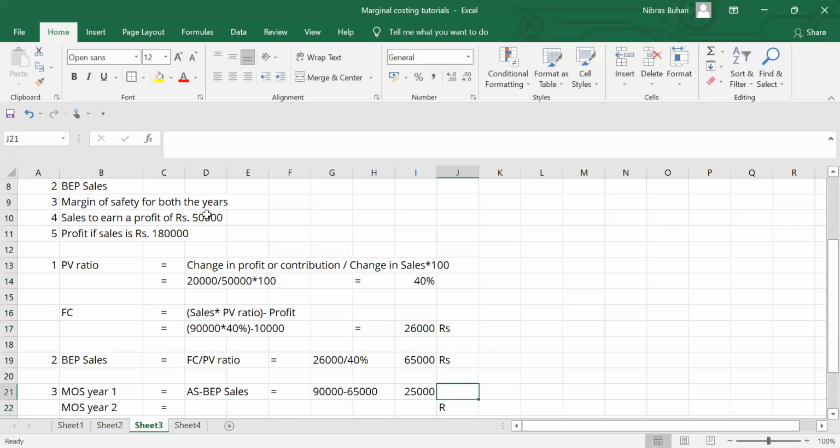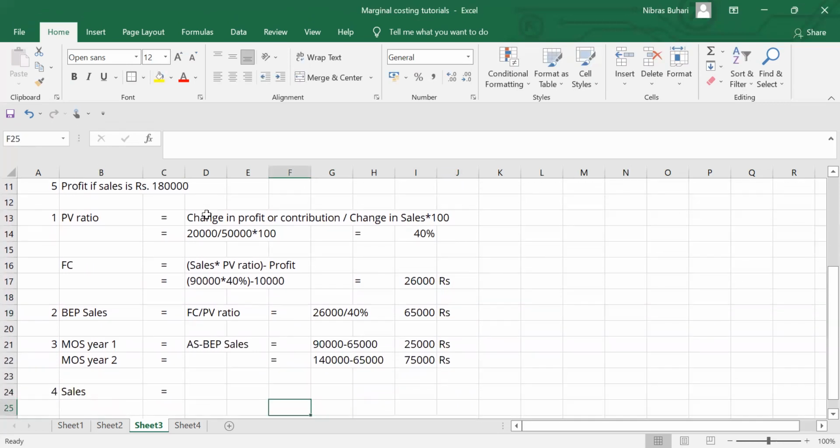Right? Similarly, for the second year, it is going to be 1,40,000 minus 65,000. So 1,40,000 minus 65 is 75,000 rupees. So margin of safety for the first year is 25, for the second year is 75.